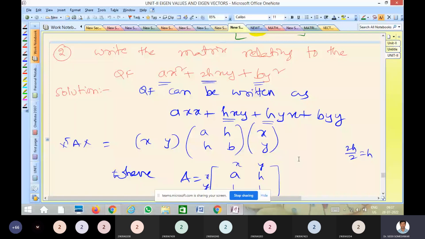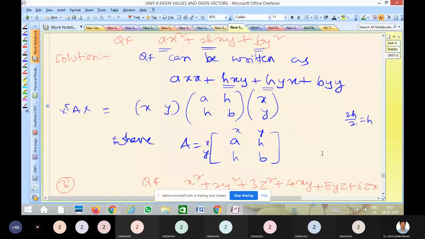You can see the diagonal elements are the square terms involved in the quadratic form. That is, the coefficient of x square is a, the coefficient of y square is b. The remaining we write as the non-diagonal elements. So here you have 2h in the question, so 2h by 2 is equal to h, which is also a 2 by 2 matrix.